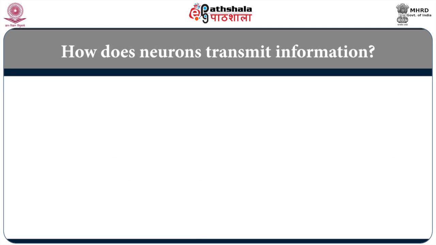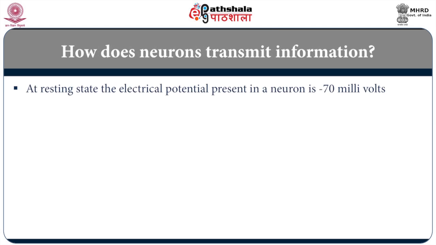So, how exactly do neurons transmit information? When you are just lying down, with your eyes closed, at resting state, the electrical activity within a neuron is about minus 70 millivolts.